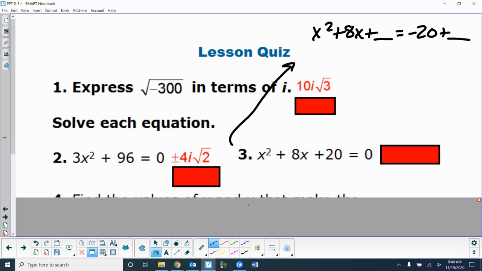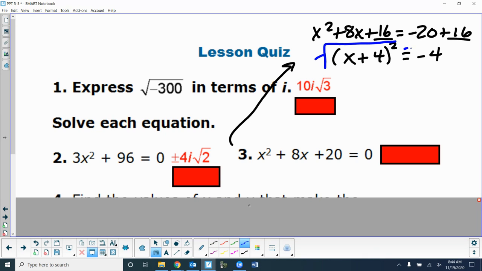16. Yeah, 16. Good. Half of 8 is 4, and then 4 squared. So we get x plus 4 squared equals negative 4. And then you take the square root, right? Yeah. So Trent, what's the square root of x plus 4 squared?